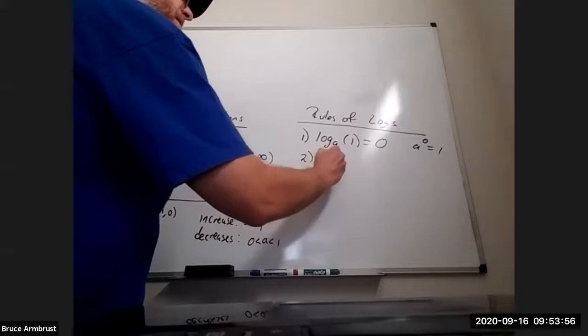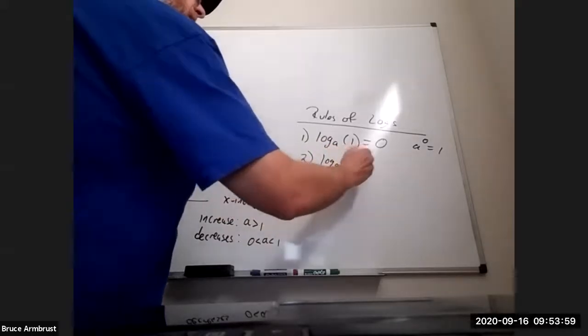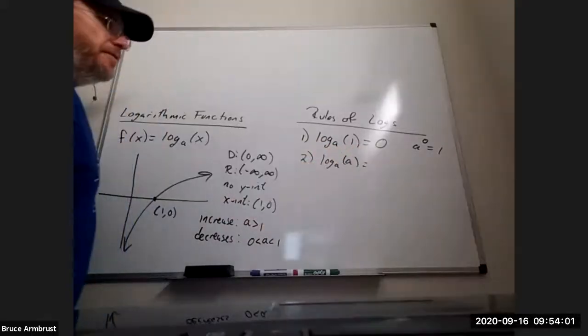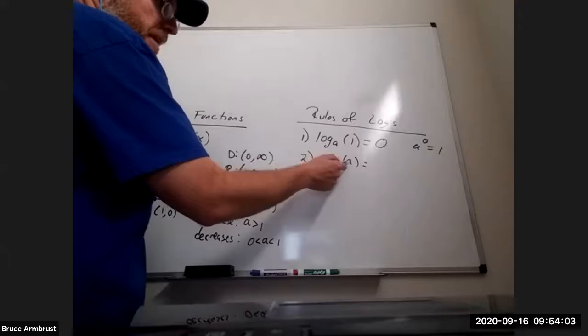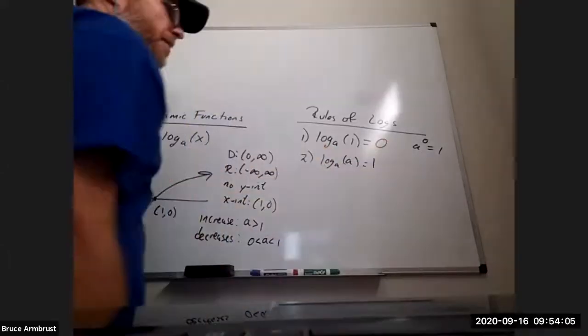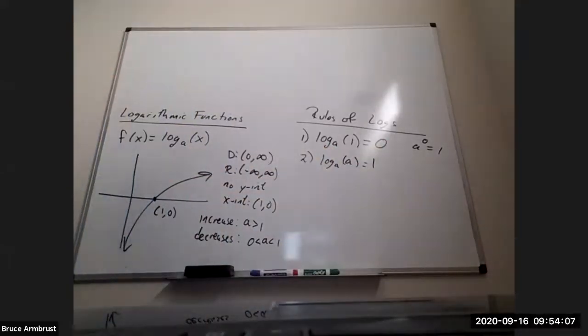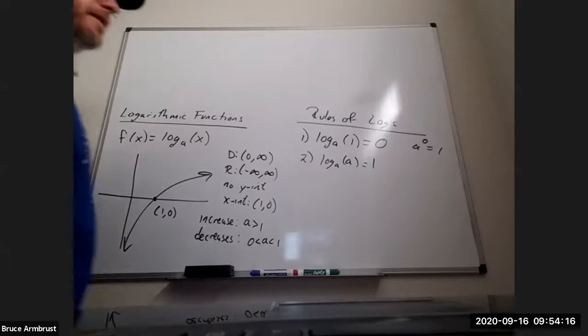Another one that's really useful is that if the number you're putting in is the same as the base, you always get 1. So log base 4 of 4 is 1. Log base 1/2 of 1/2 is 1. It doesn't really matter.